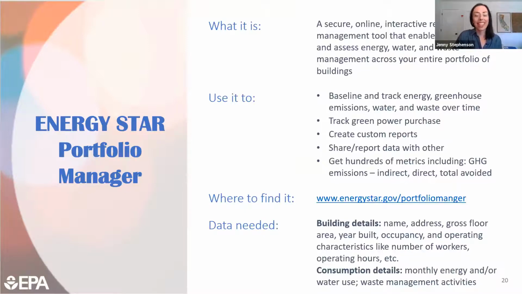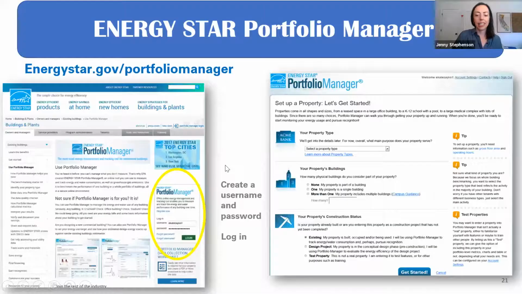And my favorite one, I could talk all day about this, is Energy Star Portfolio Manager. It is the most modern tool that EPA has created, I feel like. It's like a commercial tool. It's an all secure, online, interactive resource that helps you track and assess your energy, water, and waste across a single building or your whole property of buildings.